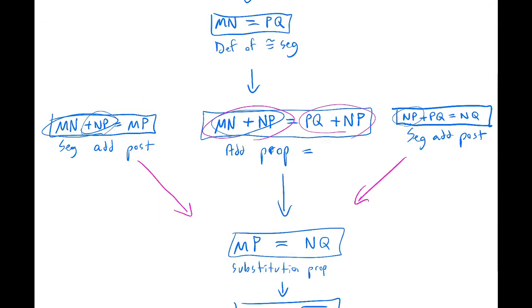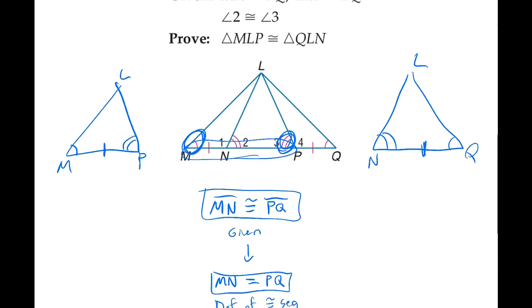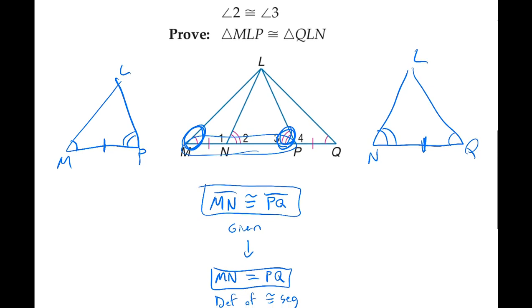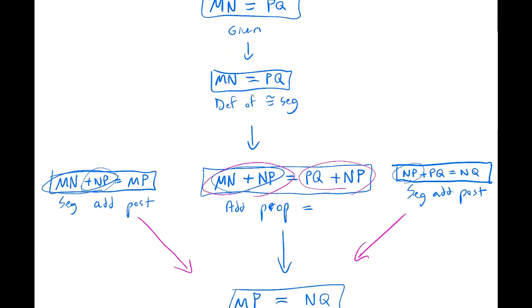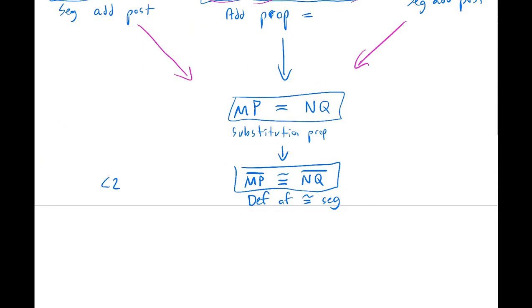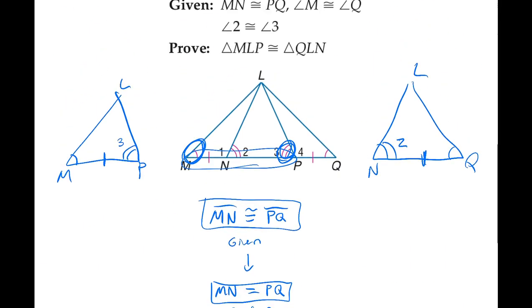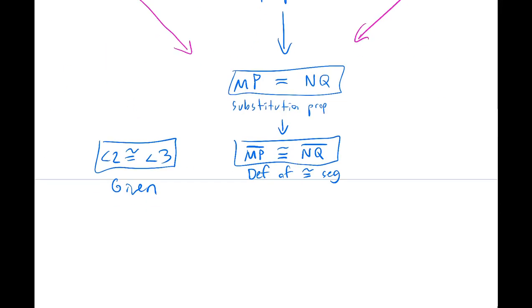So all I need to do is state the givens there. So angle 2 is the same as angle 3. This was angle 2, and this was angle 3. So that's one of them. Given. And then the other one, angle M and angle Q. So we said angle M is congruent to angle Q. That was given.